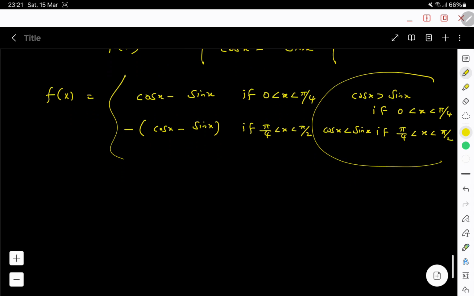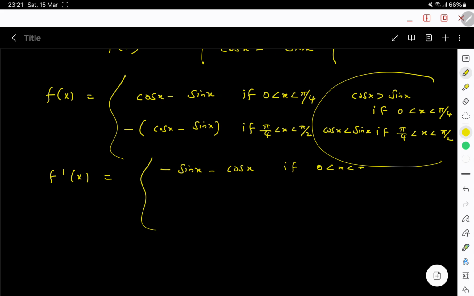Now you have to differentiate this. f dash of x is equal to differentiation of cos x, which is minus sin x, minus differentiation of sin x, which is cos x, if x is greater than 0 and less than pi by 4. And minus of the differentiation of cos x, which is minus sin x, and sin x is cos x, if the interval is pi by 4 to pi by 2.